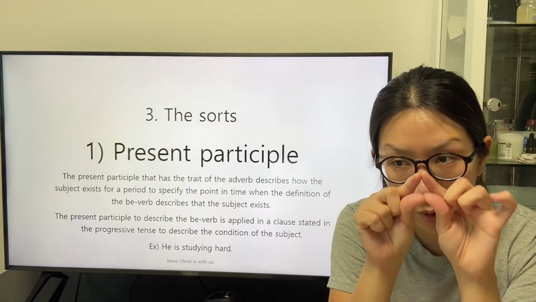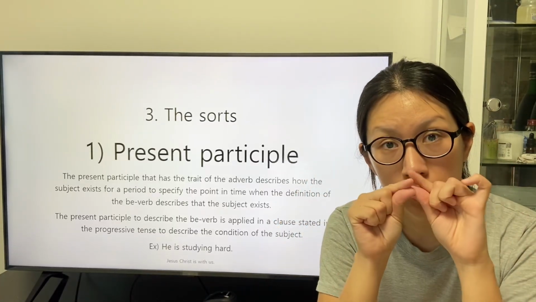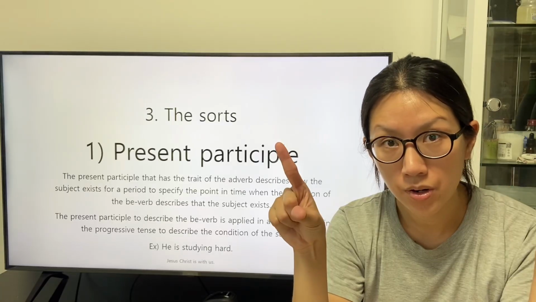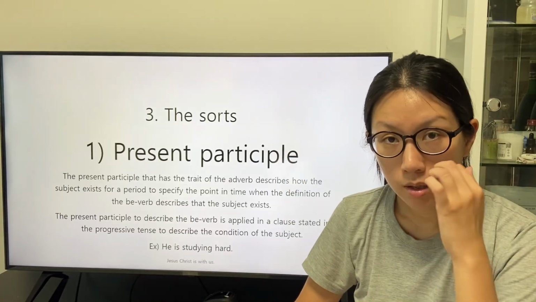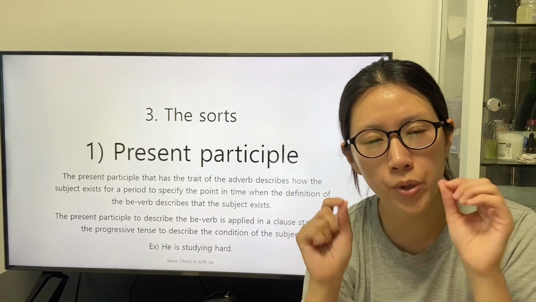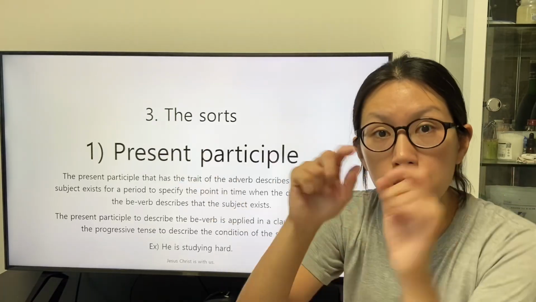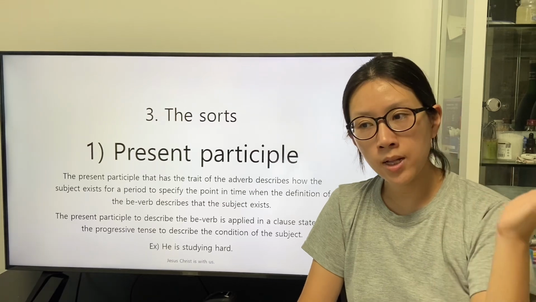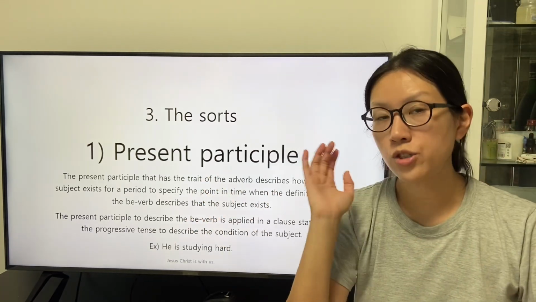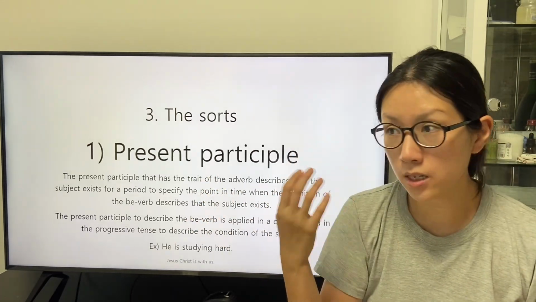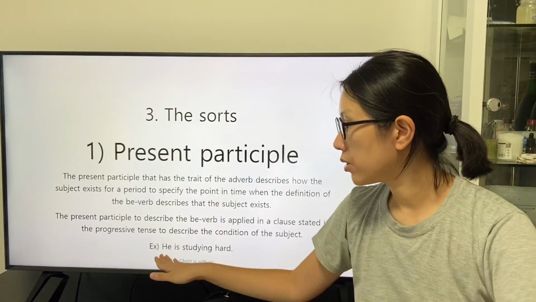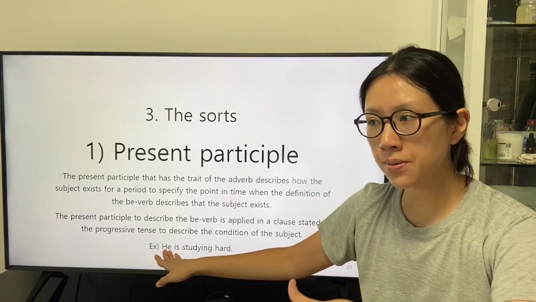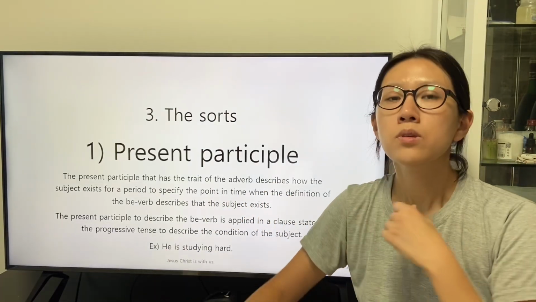We want to look at it bigger than the present. So we can zoom in, zoom in. We will apply this logical understanding to the clause stated in the progressive tense.